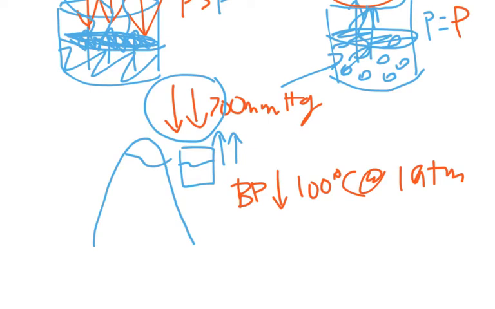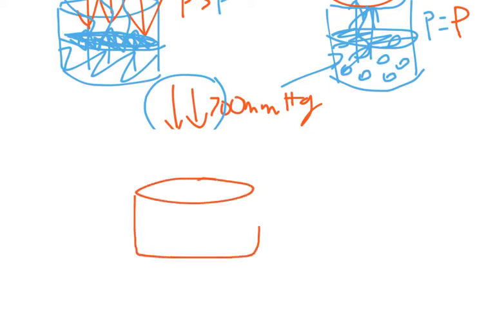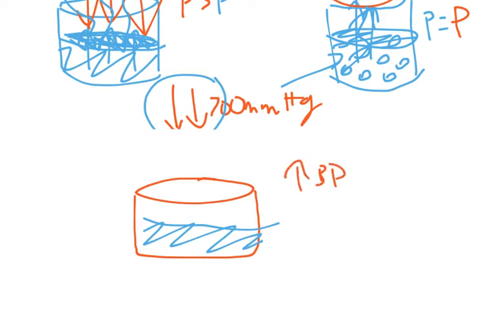Now let's talk about another special case where we have a pressure cooker, which allows you to cook things in water at a higher temperature. So in a pressure cooker, you are going to have some water, and the water will have a higher boiling point than normal.